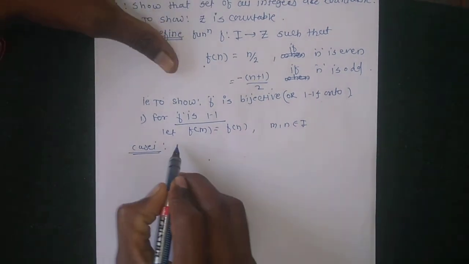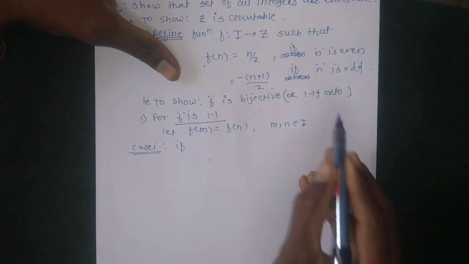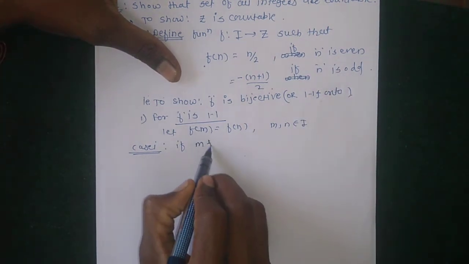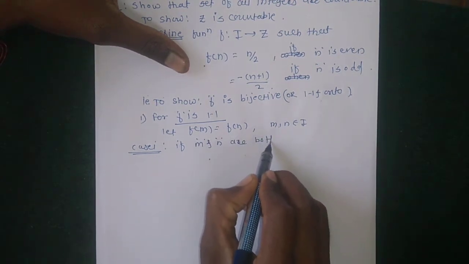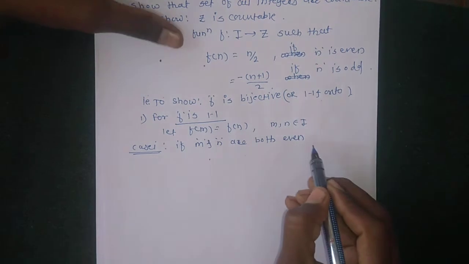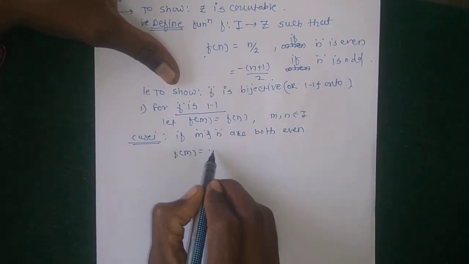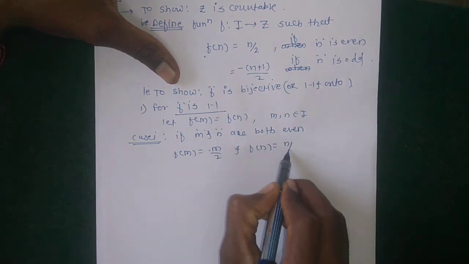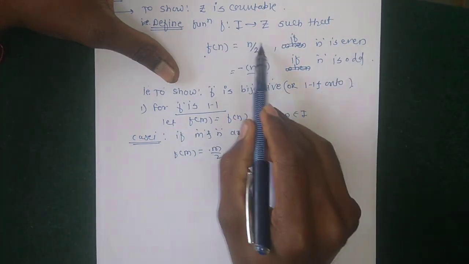Okay, in case first, if m and n are both even numbers, then f of m is equal to m by 2 and f of n is equal to n by 2. If n is even, then its value is n by 2.